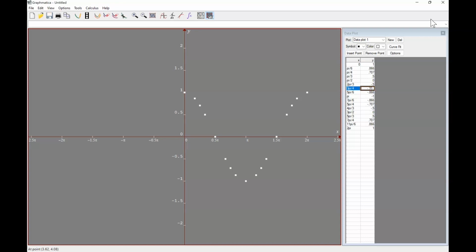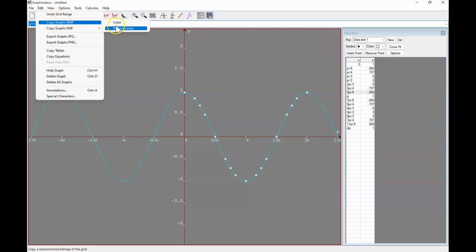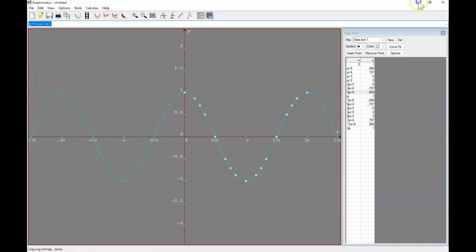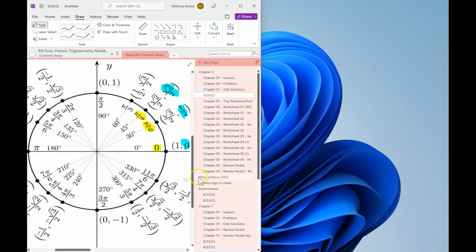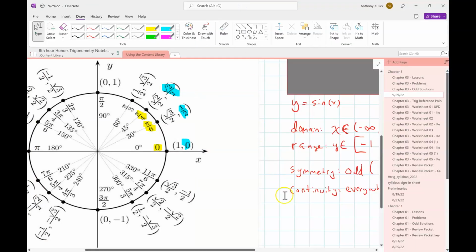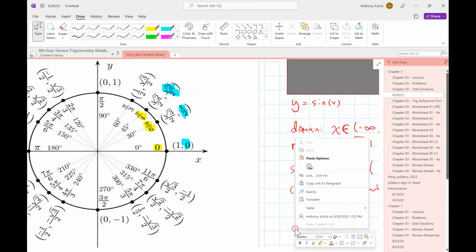So if I graph the cosine function, it'll look like this.